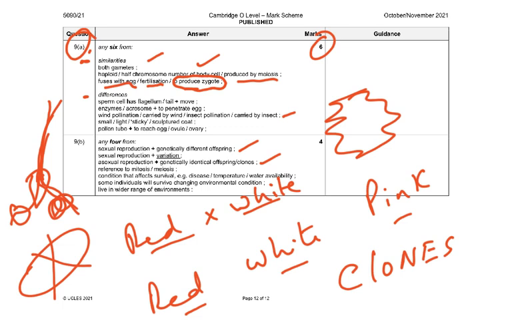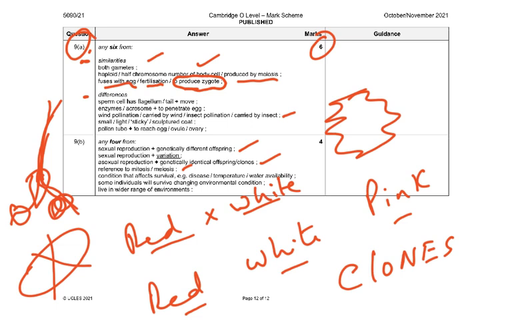As I tell you the story of how KFC came into Pakistan and gave the potatoes to the farmers to plant, and then KFC would buy back all the potatoes because they want all the fries to taste the same in every KFC shop. The reference, of course, is mitosis. Asexual reproduction is totally mitosis. Sexual is meiosis. Then conditions that affect survival: disease, temperature, water availability.